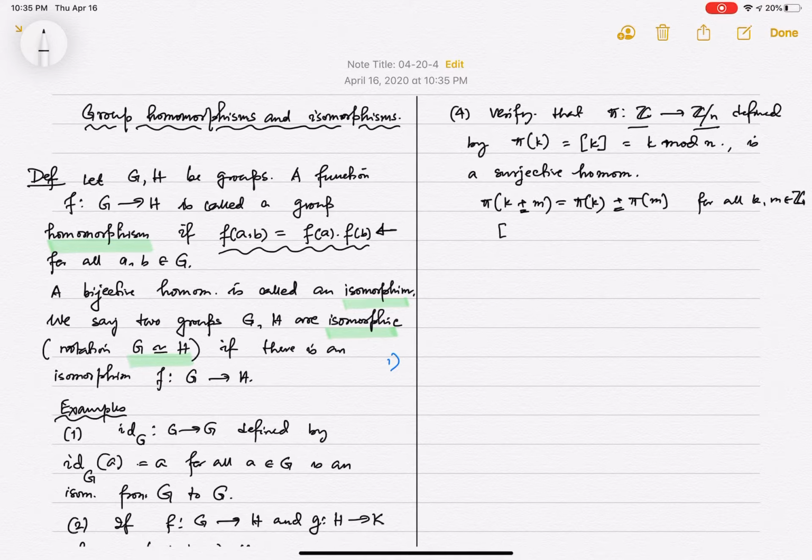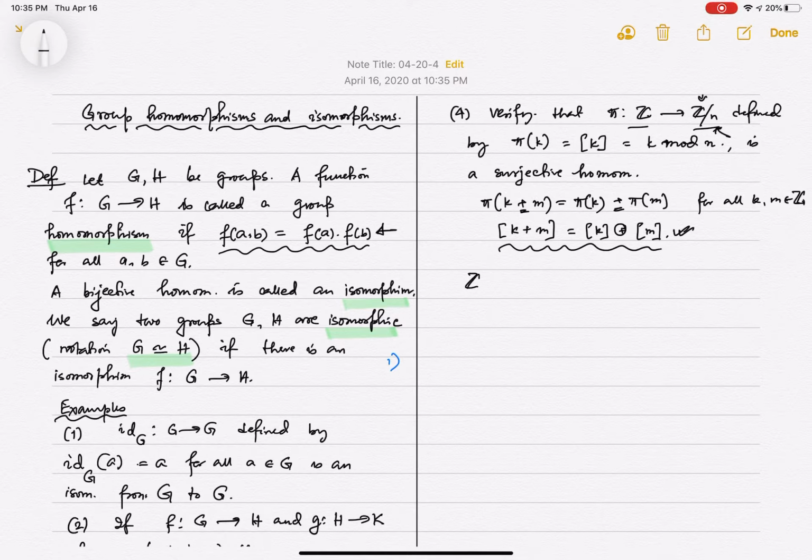But this is just saying that the class of k plus m is the same as the class of k plus the class of m. But that we know is true. This is basically how the plus is defined on this set. So I'm saying that the plus operation on Z mod n is defined to make this map a homomorphism. Okay.